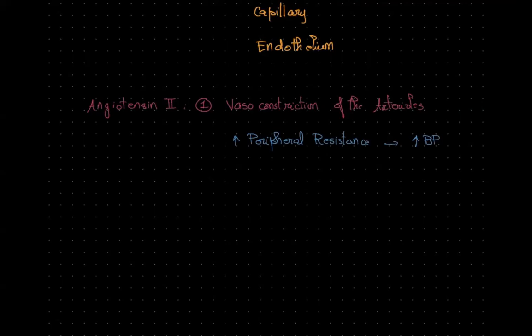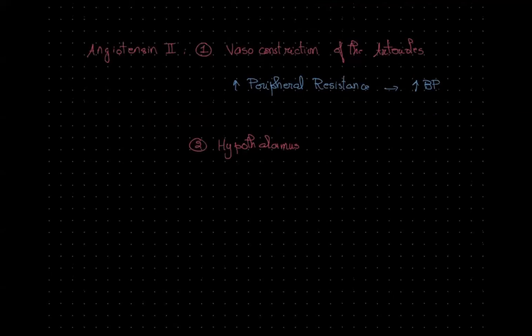The second set of effects of angiotensin 2 are going to be mediated by acting on the hypothalamus. And remember, it has two actions on the hypothalamus. First of them is going to be to stimulate the hypothalamic thirst center.